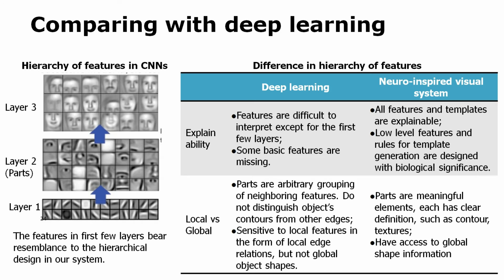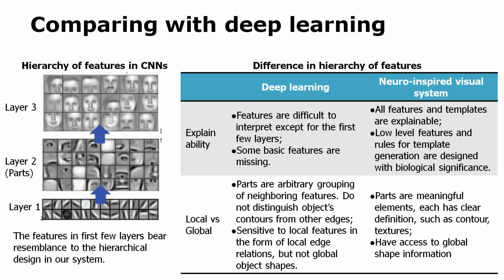Second, in deep learning, parts are arbitrary groupings of neighboring features. It does not distinguish an object's contour from other edges. They are sensitive to local features in the form of local edge relations, but not global object shapes.